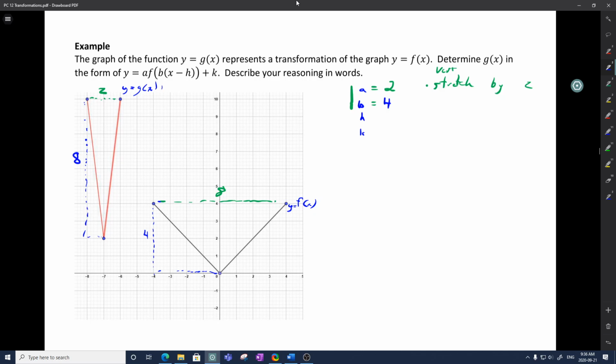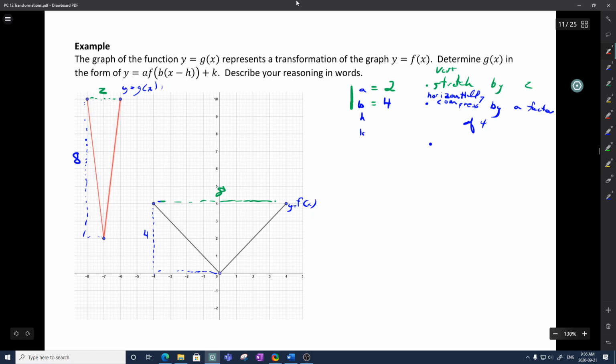Now, the nice words to go along with this is, horizontally, compress by a factor of 4. Also here, to describe the horizontal movement, you can say we stretched by a factor of 1/4, which is also true.